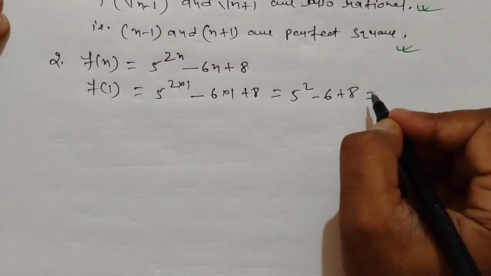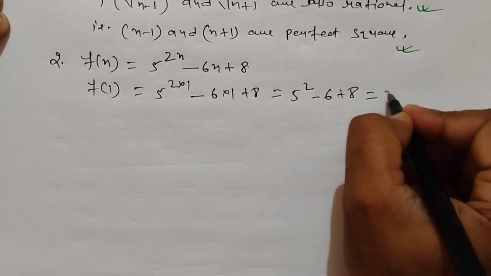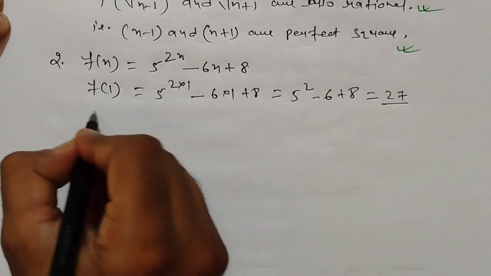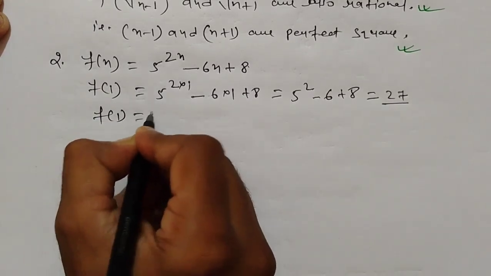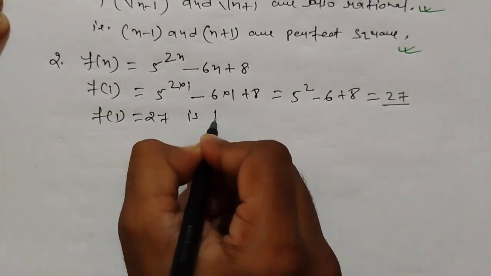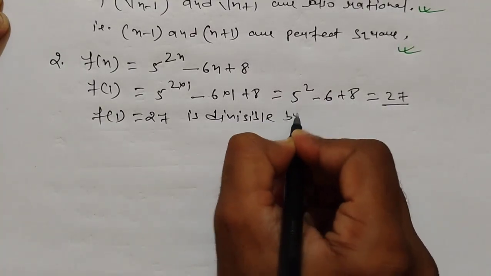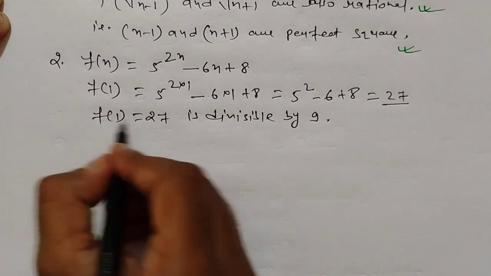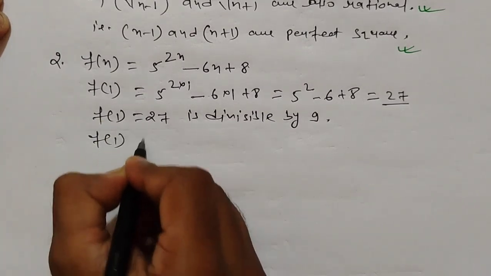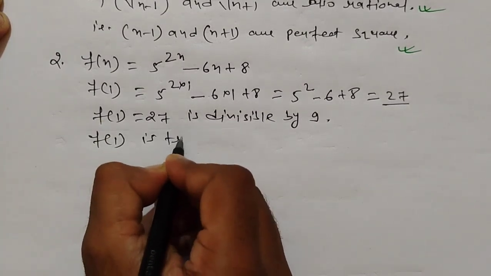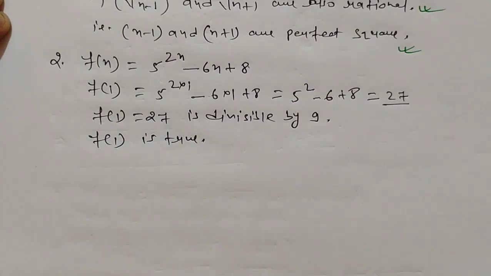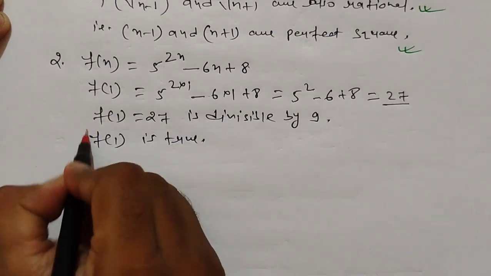This is equal to 27, and we can say that f1 is equal to 27 is divisible by 9. So f1 is true. So the first case is true, f1.